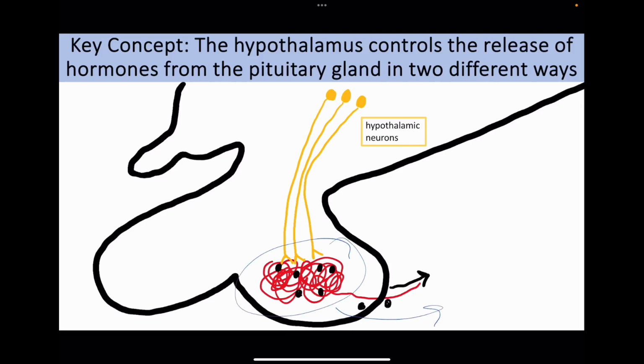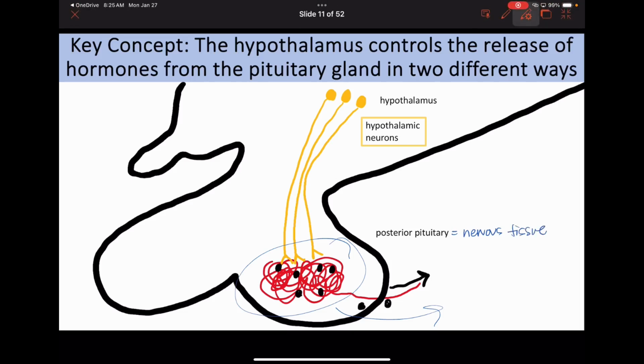There are no epithelial cells, no middleman, nothing like that, because we talked about before how the posterior pituitary gland is made from what kind of tissue? Nervous tissue. So the posterior pituitary gland really is not a true endocrine gland because it does not have epithelial cells.